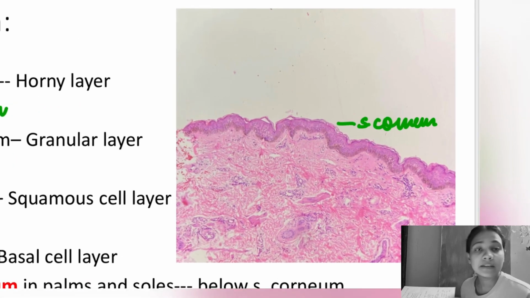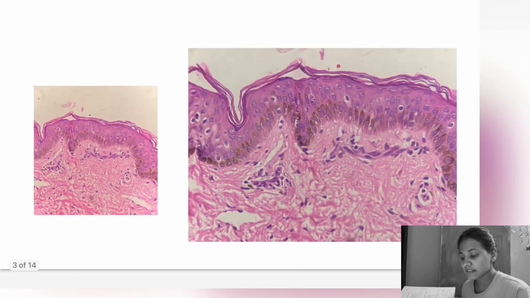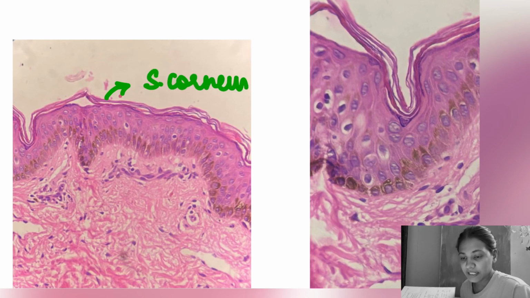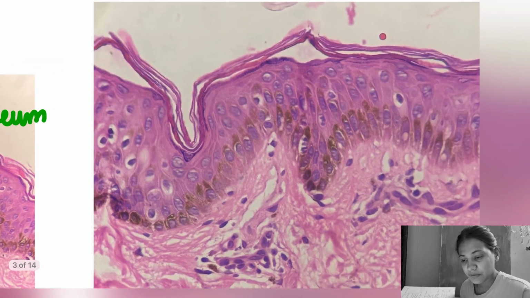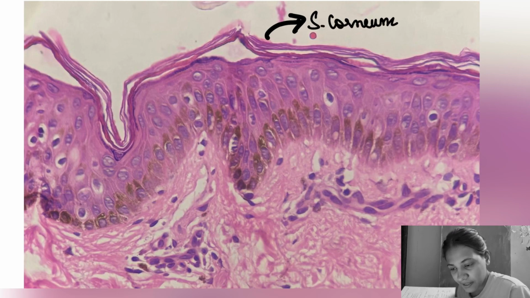So we'll see the histo diagram right now, under microscopy. As I explained before, this layer is the stratum corneum, and this picture is better. So again, I'll show it here. This is the stratum corneum, followed by this granular layer, which is more basophilic like this.